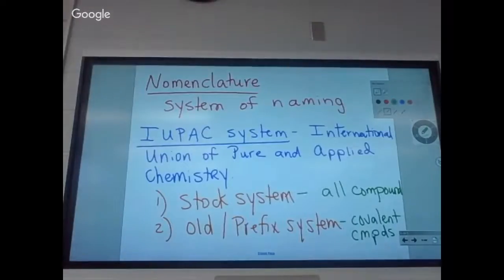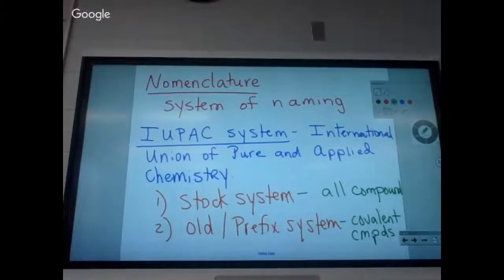So, I'm going to talk about that in a minute. Since the old system can only be used for certain types of compounds, can I only teach you to name in that system? No.